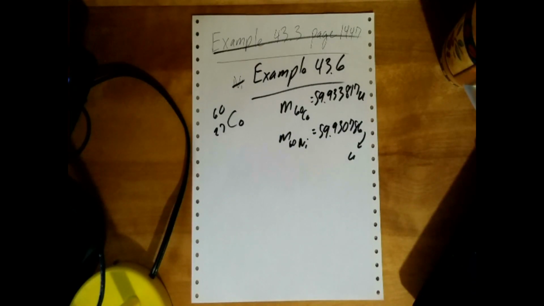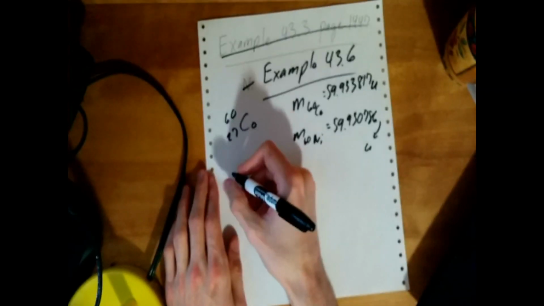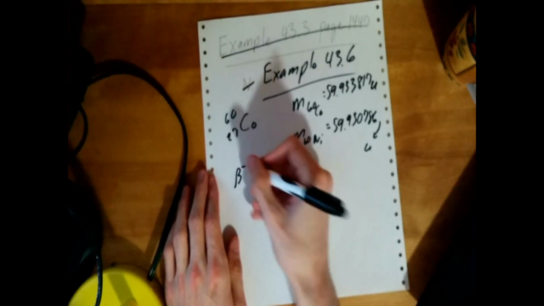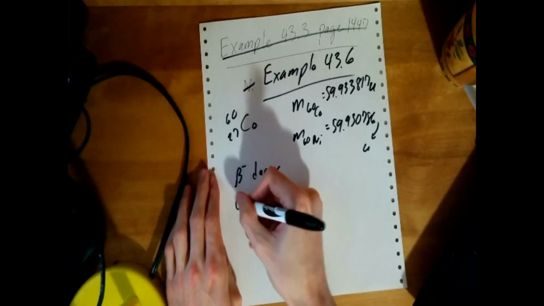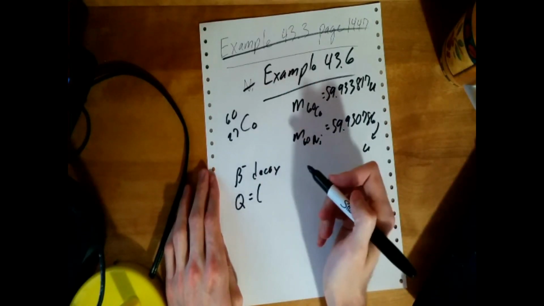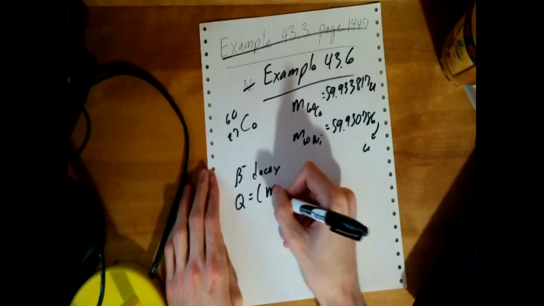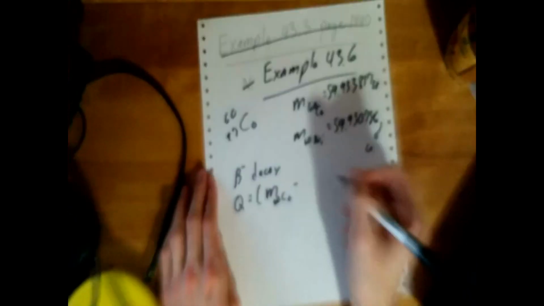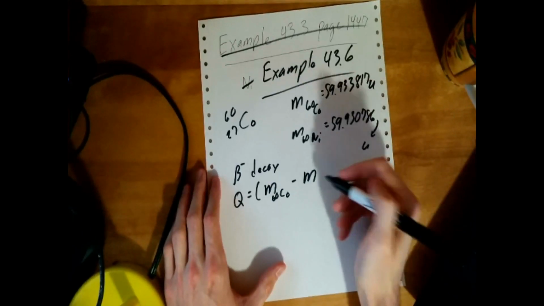So to see if it can go through beta minus decay, we'll check its energy. In a beta minus decay, we found that the energy either needed or released was given by the mass of the initial nucleus, so cobalt 60, minus the mass of the final one.